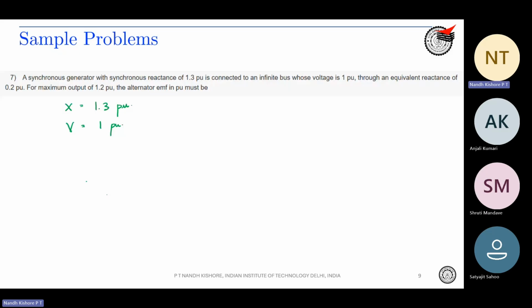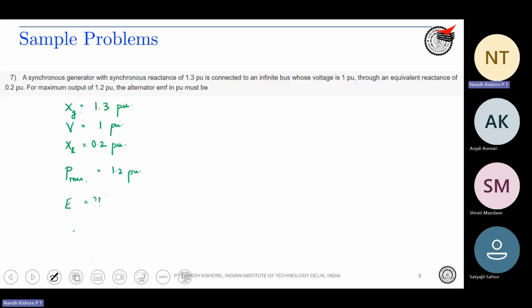So let's say this is Xg is 1.3 per unit, and there is also the line which has a reactance of 0.2 per unit. We have given that for maximum output of 1.2 per unit, that is your P per unit, they are telling P max. So P max is going to be 1.2 per unit. What should be the alternator EMF?